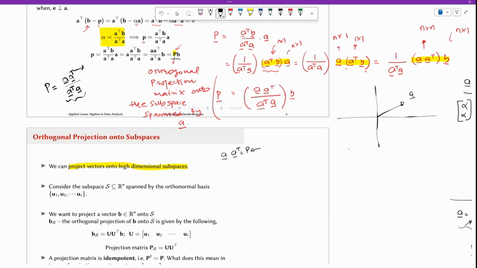For example, let's say I give you a set of vectors u1, u2, up to ur, and I say this is an orthonormal basis for an r-dimensional subspace. What do you understand by this statement? What is an orthonormal basis?